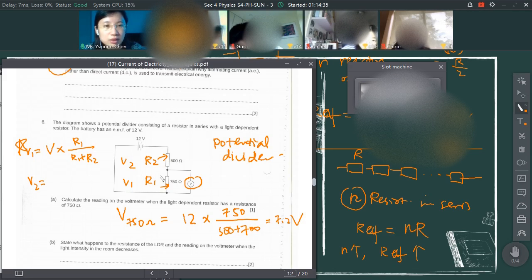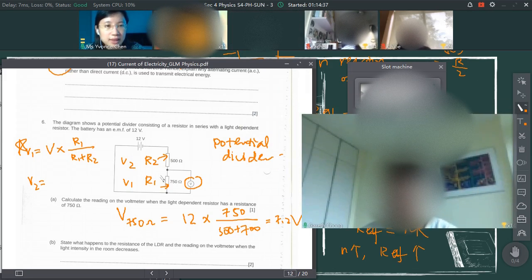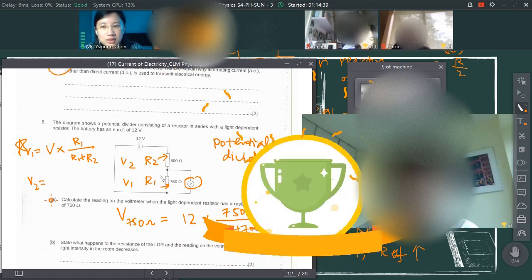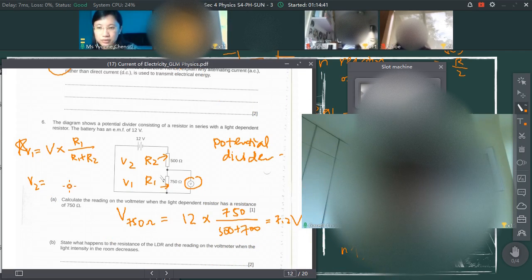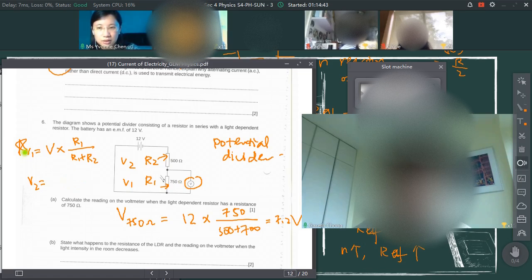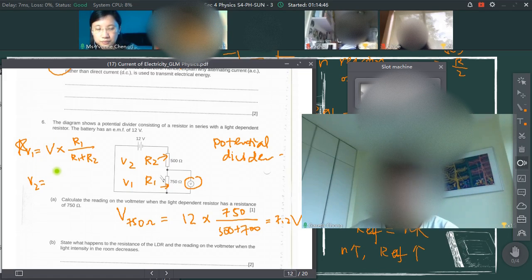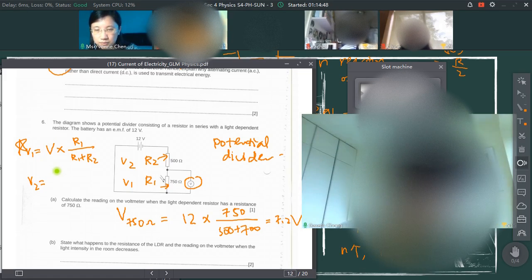I'll choose someone to answer. Gareth, you are the lucky one. What is the formula for V2? Use the potential divider concept. V1 equals R1 divided by R1 plus R2 times V. What about V2?